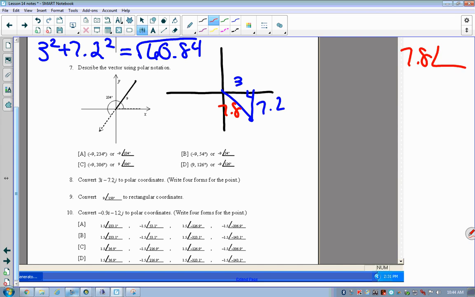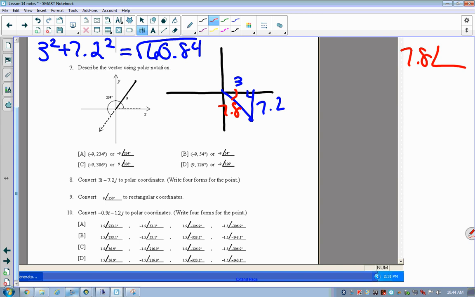Now we have to find out what the degree measure is. At this point, what I can actually use is my trig functions. Notice that based upon this angle, I know the opposite and the adjacent. So which trig function would I use? Tan, right?